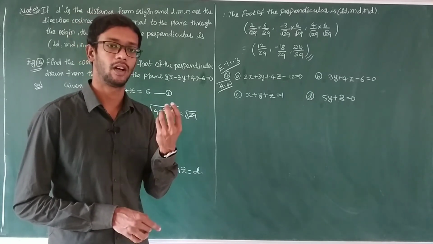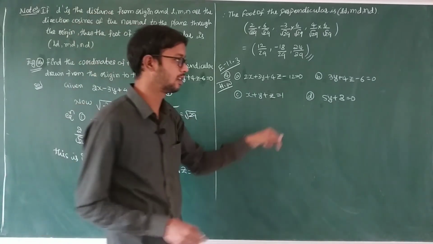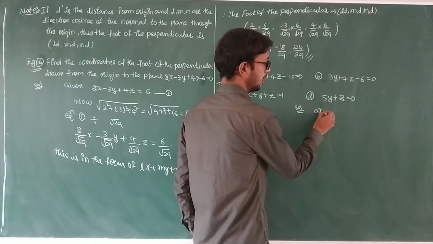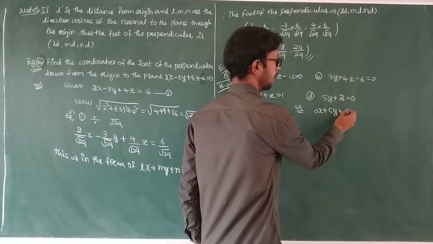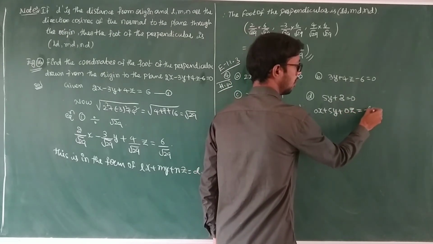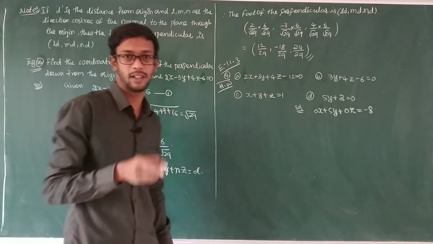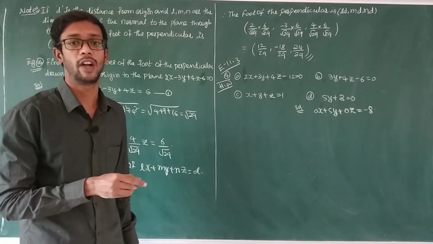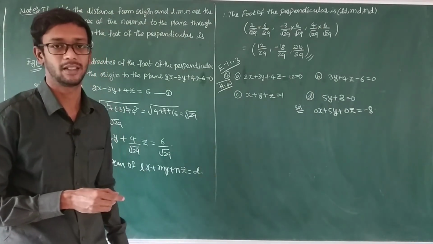Since the point contains negatives also, that's why I explain this problem. Just compare: 0x plus 5y plus 0z equals minus 8. When writing the distance you have to take it as positive, but here we are finding the point, so you take it as it is, negative.